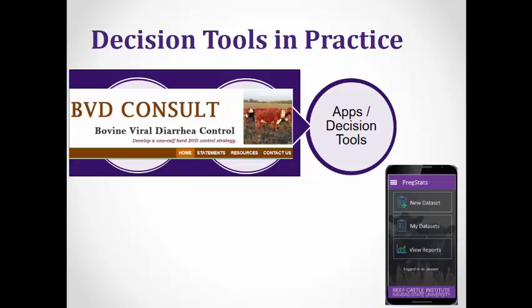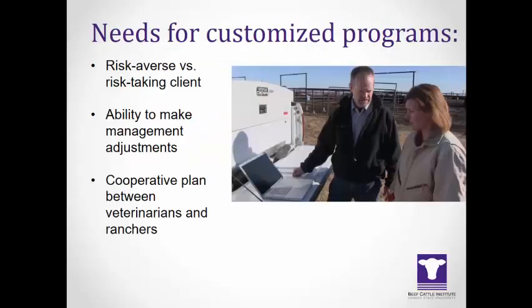The other part of decision tools that we wanted to look at in practice was some of the available apps or other tools that are available online. One of the reasons we've focused in this area is to concentrate on the need for customized programs, or to be able to share customized information with your clientele.